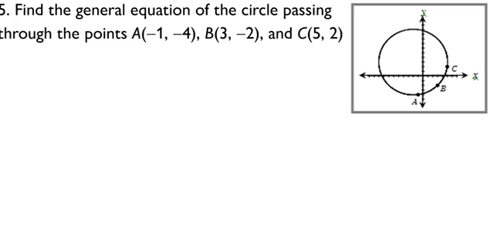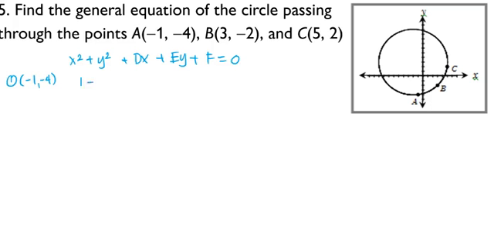Now, for the example here, you're given points A, B, and C. You have to remember that one of the forms of the general equation is x squared plus y squared plus dx plus ey plus f is equal to 0. So in this case, what we do is using equation number 1, (negative 1, negative 4), let's plug it in the general form.